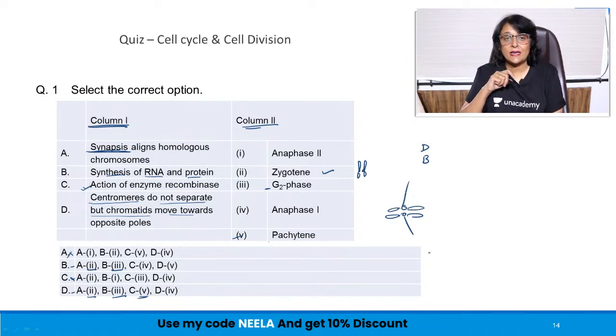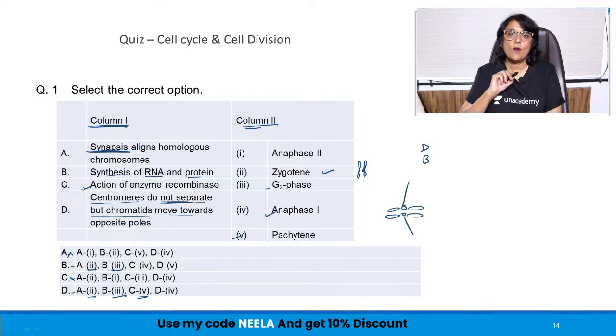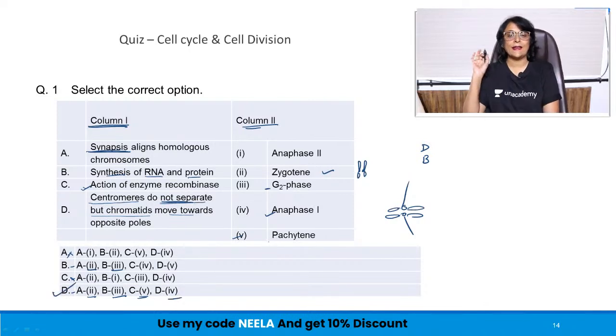Splitting of centromere takes place in anaphase of mitosis and anaphase 2 of meiosis 2, which is similar to mitotic division. So in anaphase 1, homologous chromosomes separate, so there is no splitting of centromere. So this is correct. So this is the correct answer.